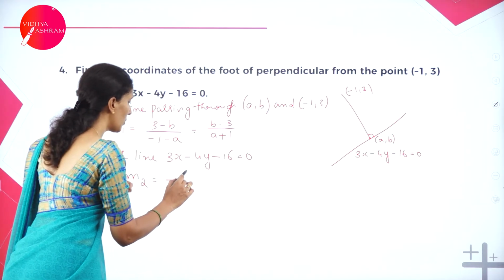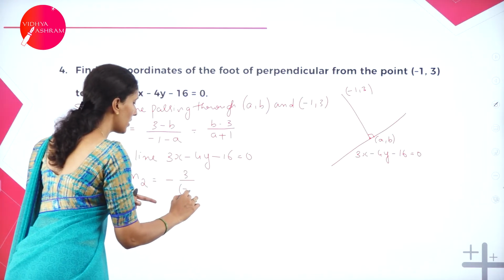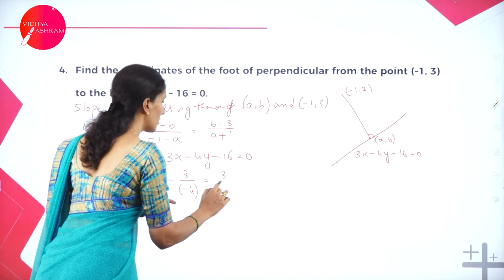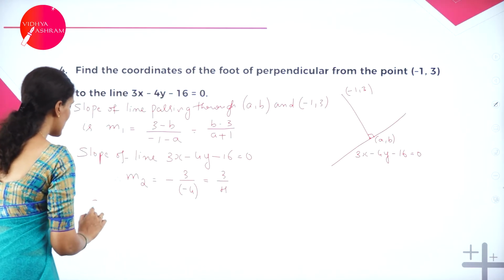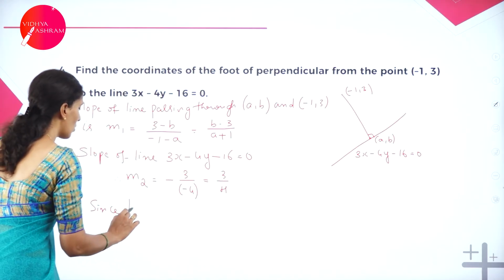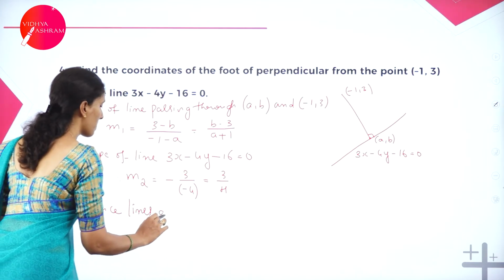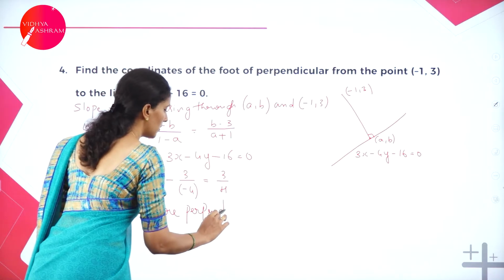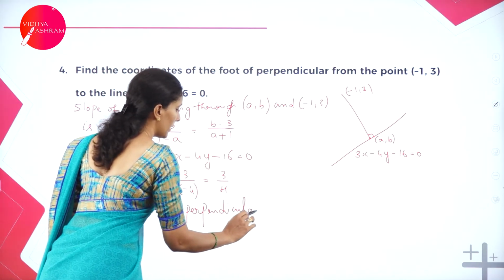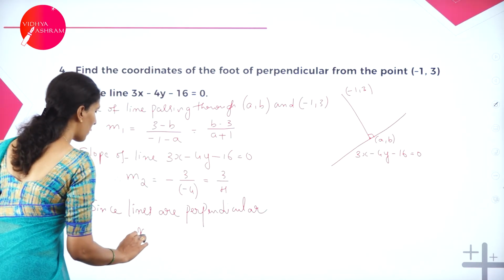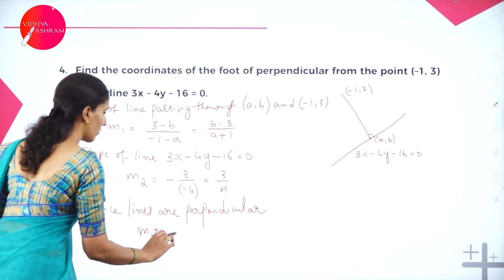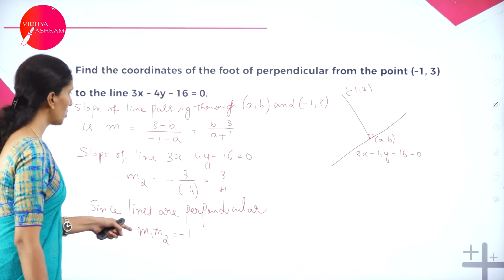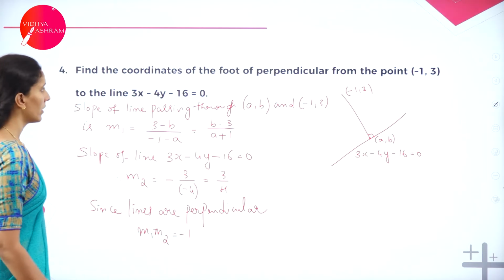Minus a value is minus 3, b value is minus 4, which is nothing but 3 by 4. Now since the lines are perpendicular, I can write their product of slopes is equal to minus 1. Substitute m1 and m2 here.